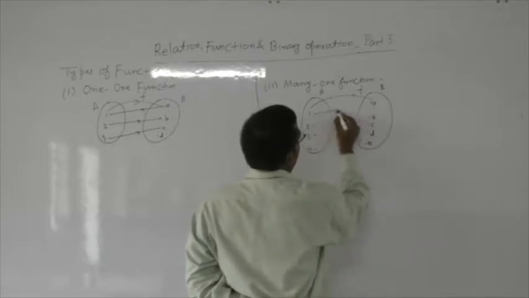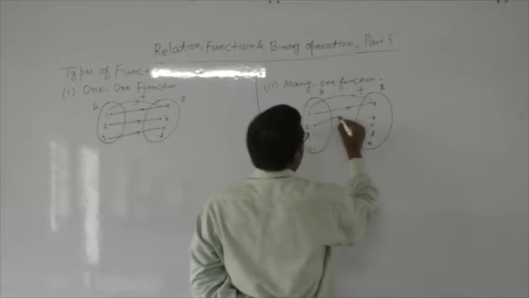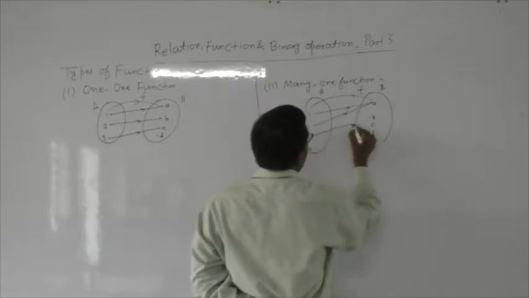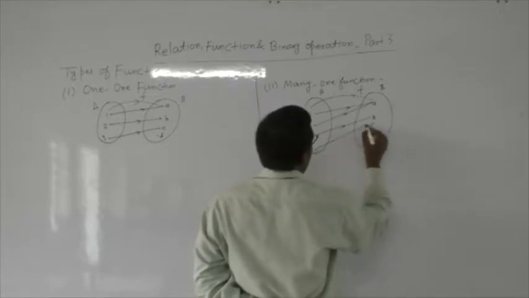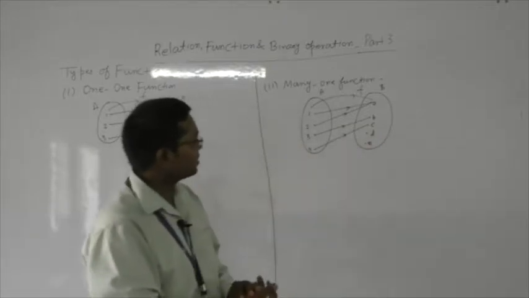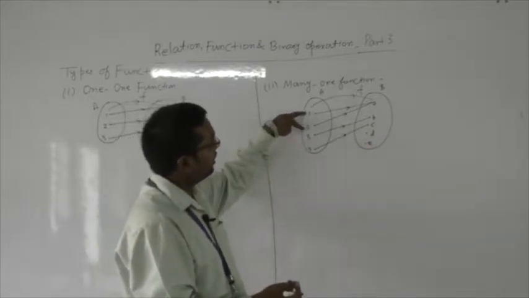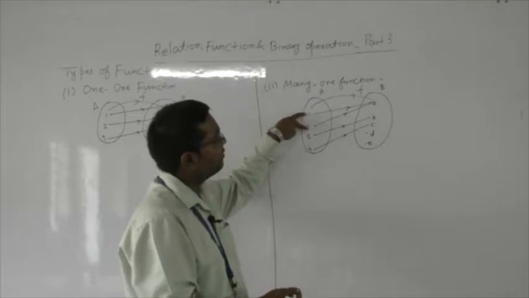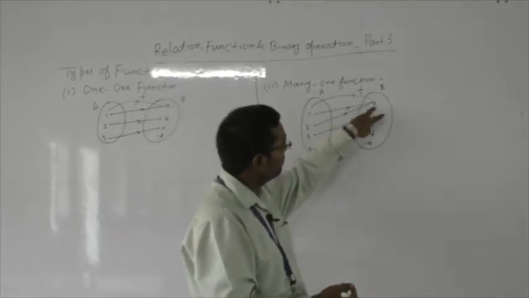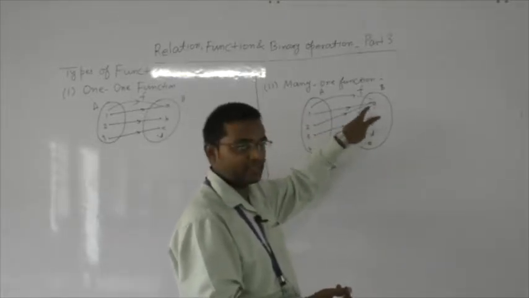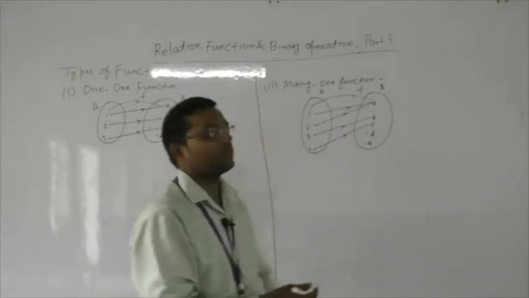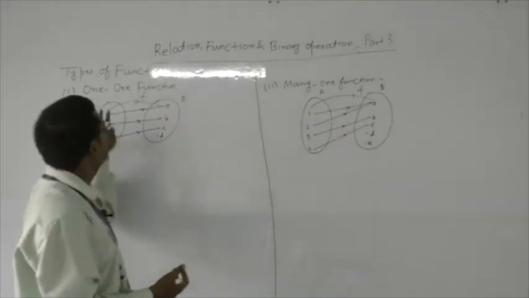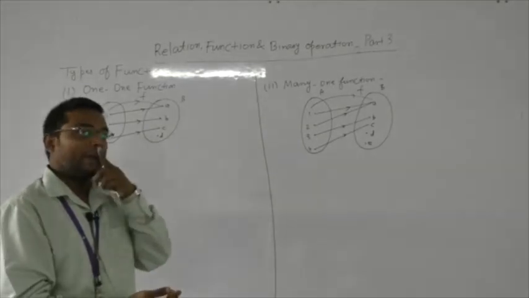Now see, suppose 1 has image A, 2 has also A, 3 has B, 4 has C. Now if you see here, 1 and 2, both in the domain, have the same image A. Hence, this is a many-one function. That's why we name it one-one and many-one function.